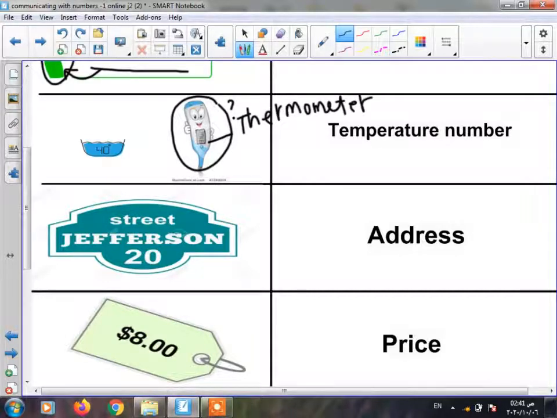And the thermometer has a screen. On this screen there are numbers. Could you tell me, the numbers on the screen of the thermometer give me information about what? Yes, excellent, I hear you. About temperature. Because when I get sick, I go to the doctor and the doctor uses this thermometer to measure my temperature.